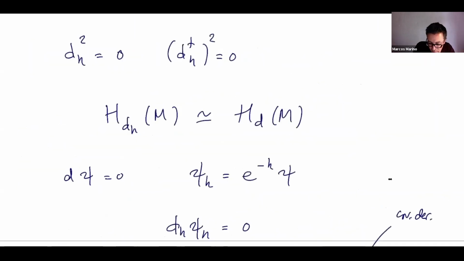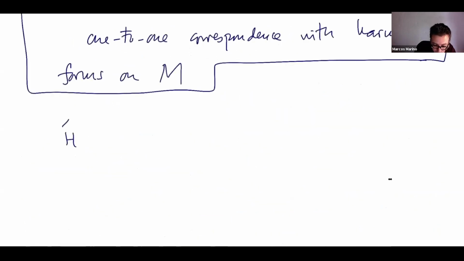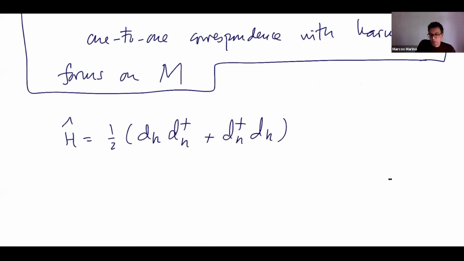By the way, let me make sure: this Hamiltonian that I wrote is actually just d_h d-hat_h plus d-hat_h d_h. So this is the Hamiltonian that is obtained by using the deformed Rand differential.